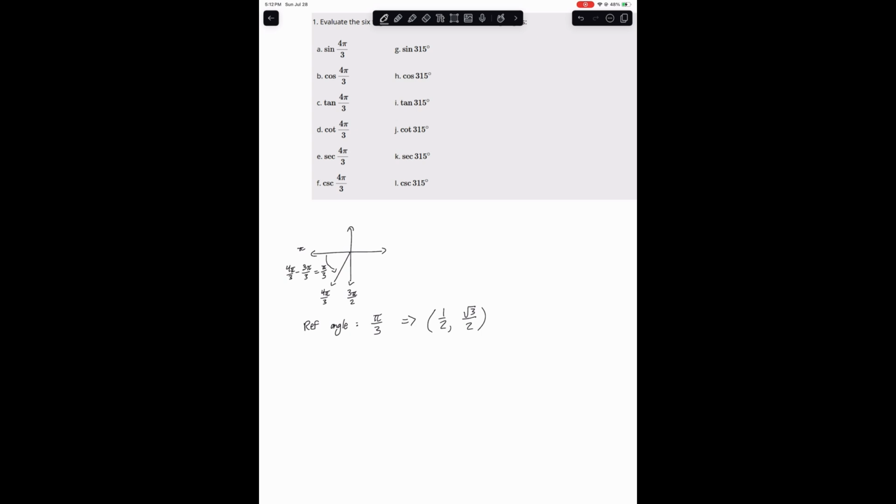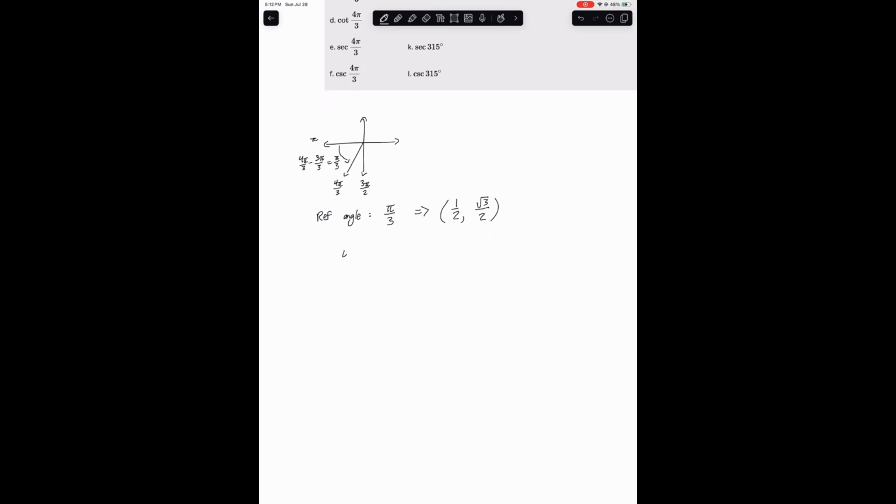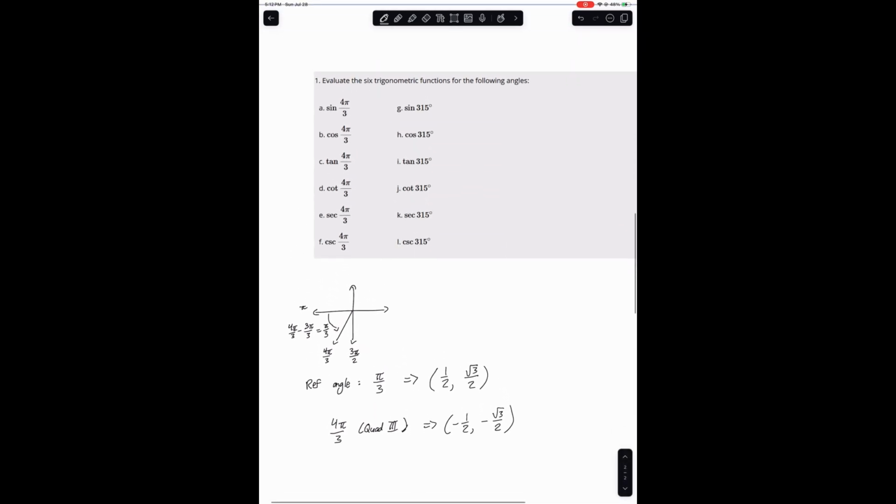But we need to remember what quadrant we are in, right? So 4 pi over 3 is in quadrant 3, so it has the values negative 1/2 and negative root 3 over 2. So for sine, we have negative root 3 over 2.